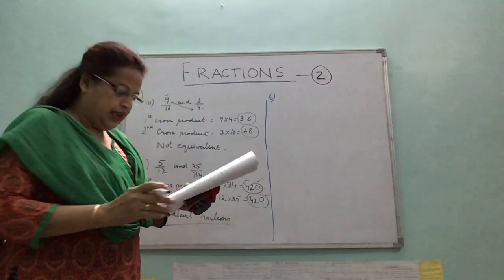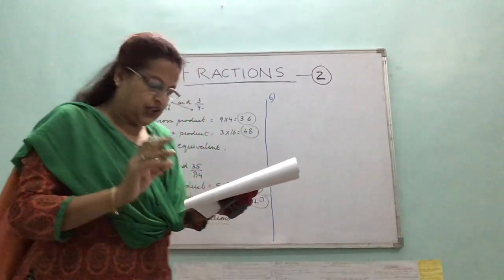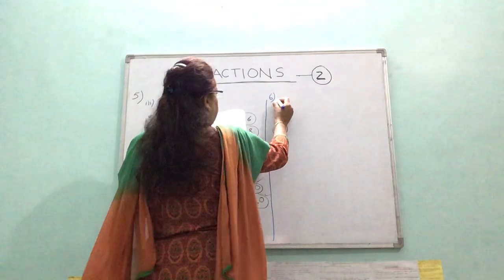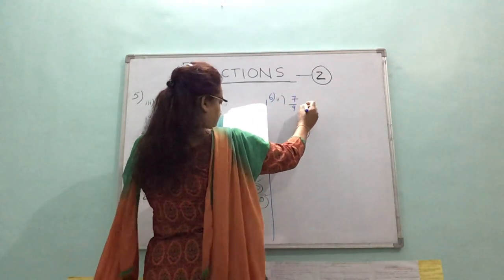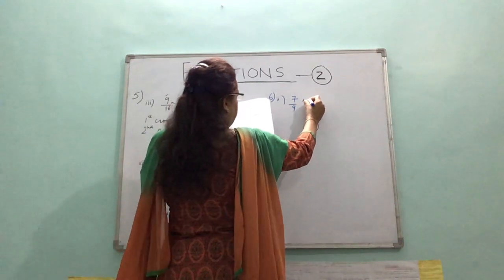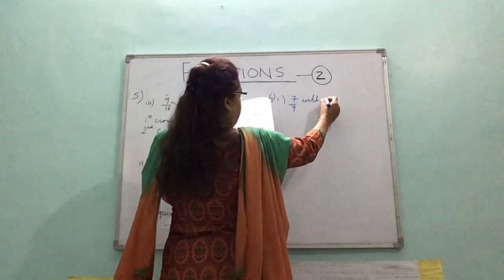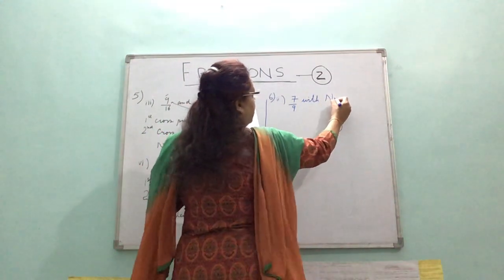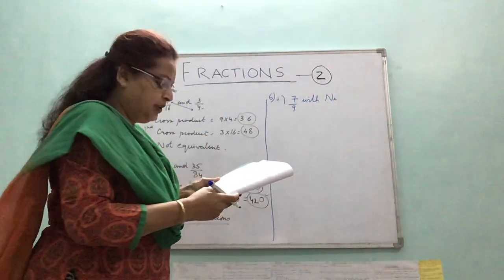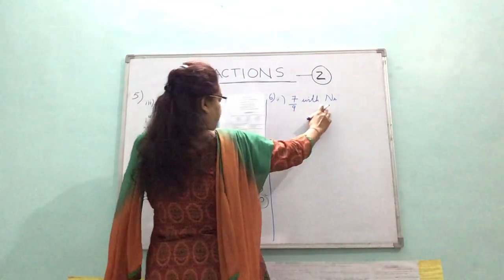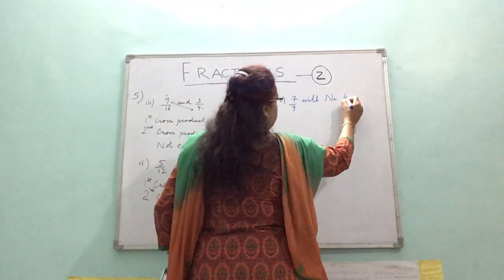What does it say? Write an equivalent fraction of, I am taking the second part, 7 by 9 with numerator 42. Well children, for numerator I write the abbreviation NR so that it's easier and we can save time.